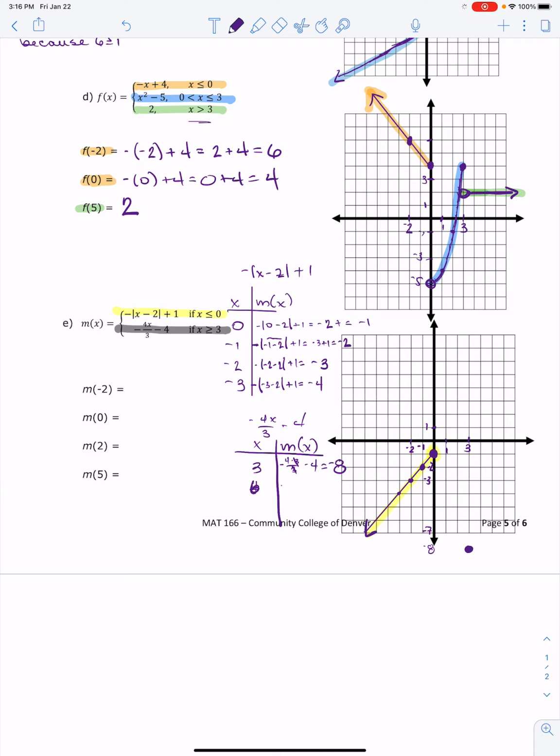At 6, I got negative 4 times 6 over 3 minus 4. I'm going to cancel those. Negative 8 minus 4, negative 12. Holy moly, I did mess that up. 1, 2. Here's our 6. Negative 12, 8, 9, 10, 11. Roughly down here.